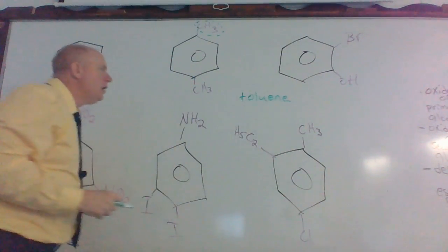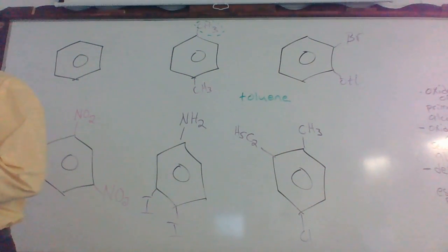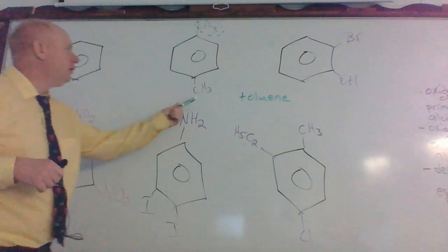There's two different ways that you can name that. There's one really short way of doing it, or you could give the numbers of both of those, or give the number of where that derivative is located. So, what number is this methyl group located at?